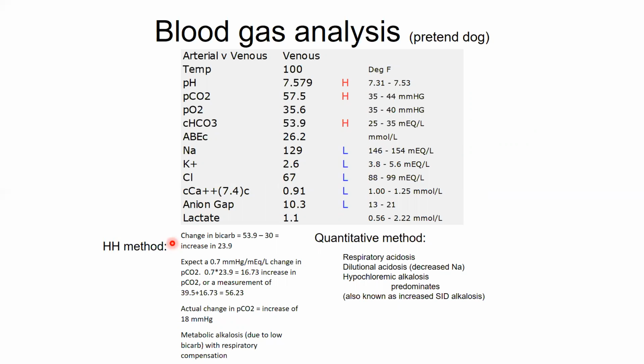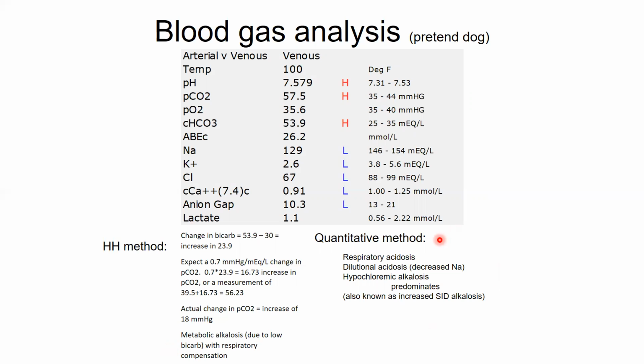And we can do the calculations to show that her change in bicarb can be quantified, and we can calculate her expected change in PCO2. So this is suggesting that bicarb influences the PCO2 and is actually an independent variable on its own. And we can determine then that there is a metabolic alkalosis with respiratory compensation.